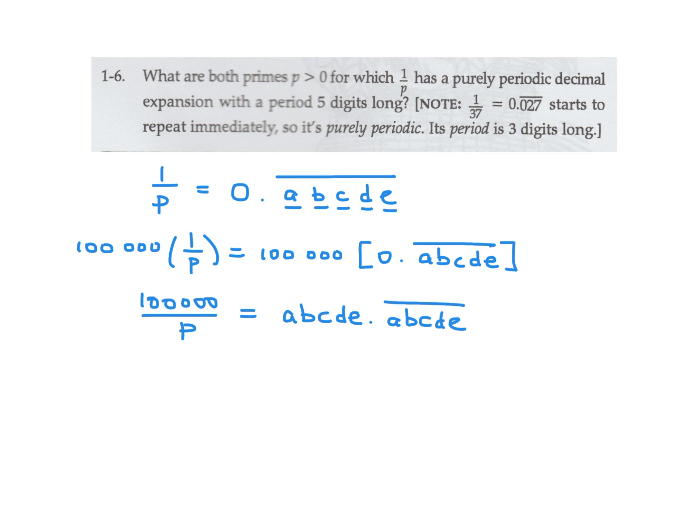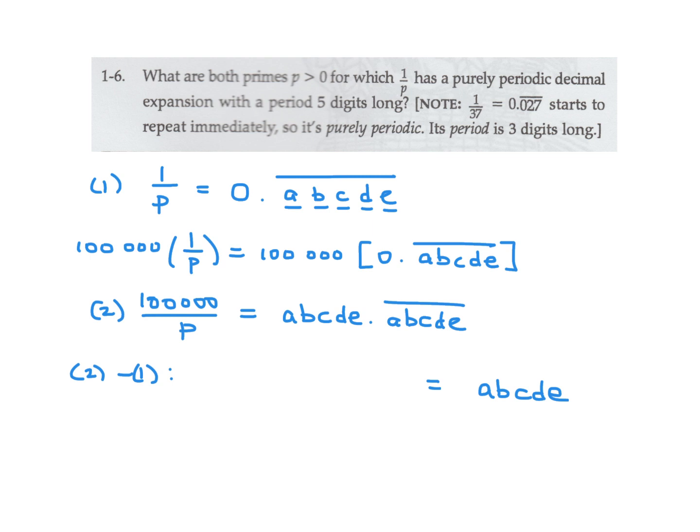Now what we can do is we can take this guy and subtract them. So it would be 2 subtract 1. And what that does is it just makes that A, B, C, D, E, because then that entire decimal part vanishes. And that's really the whole purpose of this multiplication by 100,000.